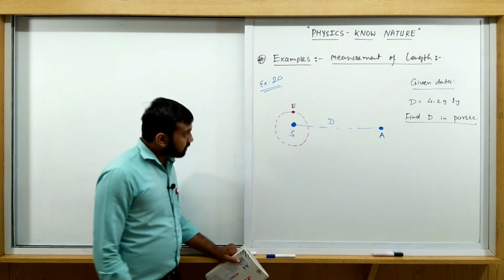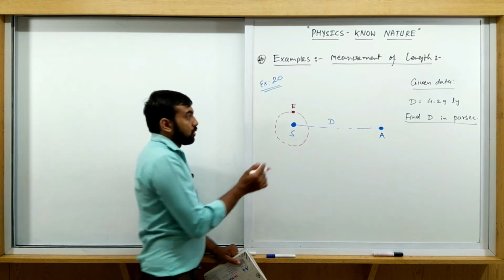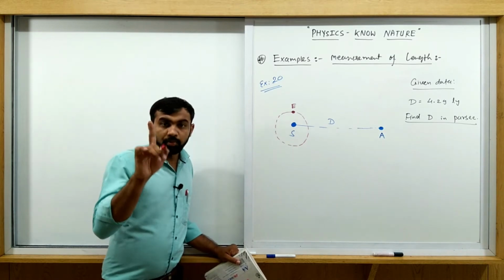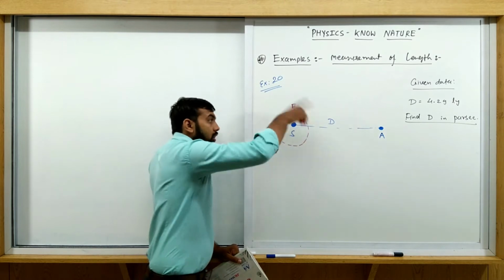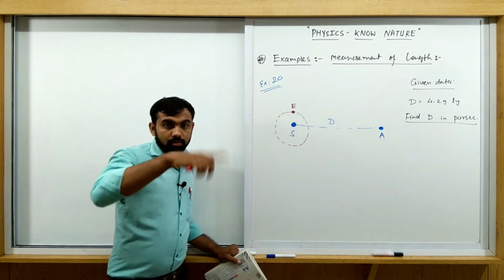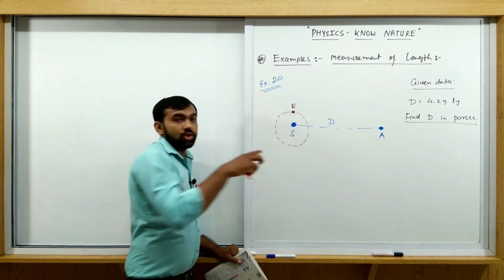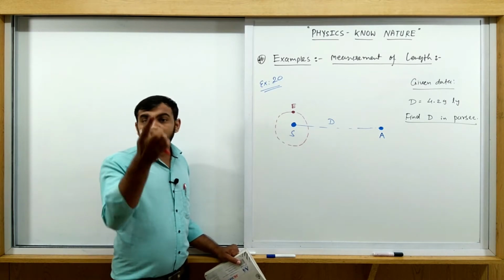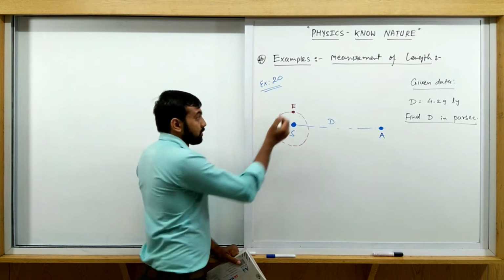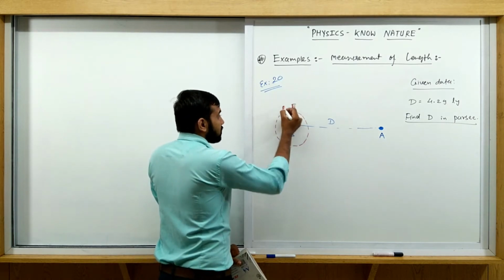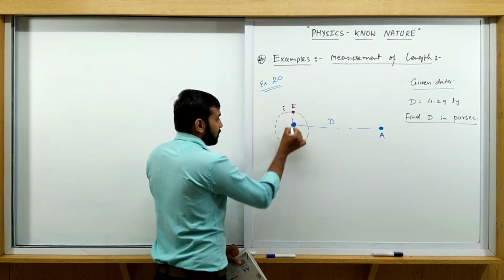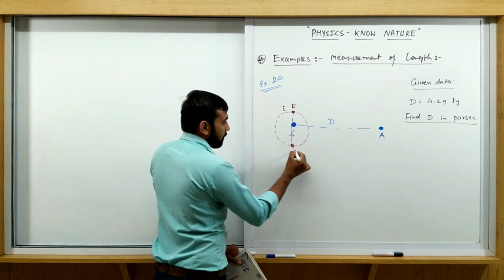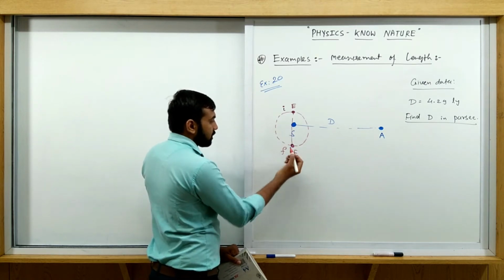In 1 year, Earth completes one revolution around the sun. So in 6 months, Earth completes half revolution. Suppose the initial position is this one, then after 6 months Earth is somewhere here.